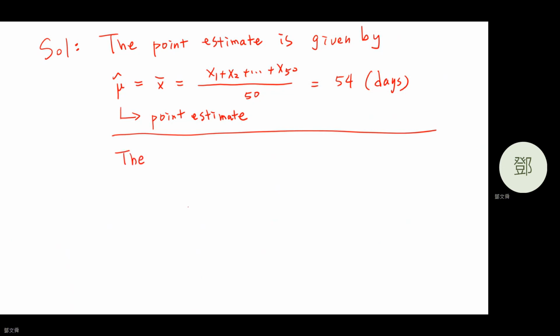The interval estimate for mu. Why is it called point estimate? Because it gives only 1 point.